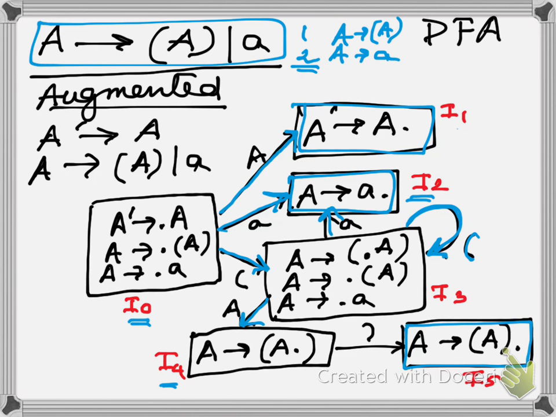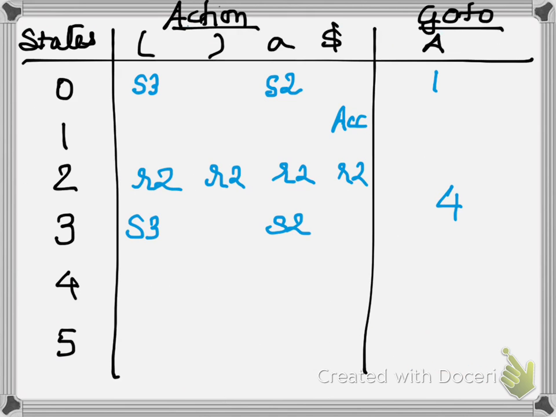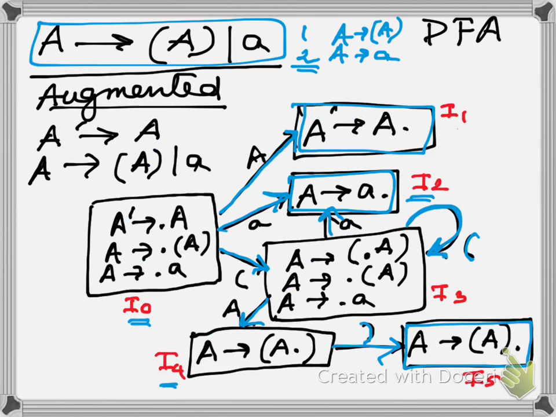Let's look at state I4. State I4 is not a final state, and it has only one transition, on closing parenthesis to I5. So I4 on closing parenthesis will shift to I5. Shift 5. Next I have I5.